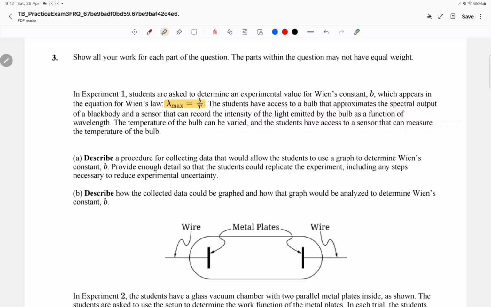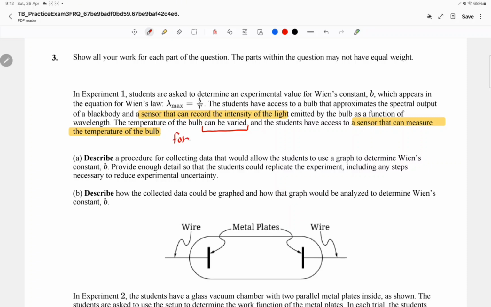So look, they did mention that we have access to a sensor for the light intensity, and that we have a sensor for the temperature. And the temperature can be varied. That means that temperature is going to be your independent variable. Temperature of what? Of the bulb. So now what we're going to say is the following.